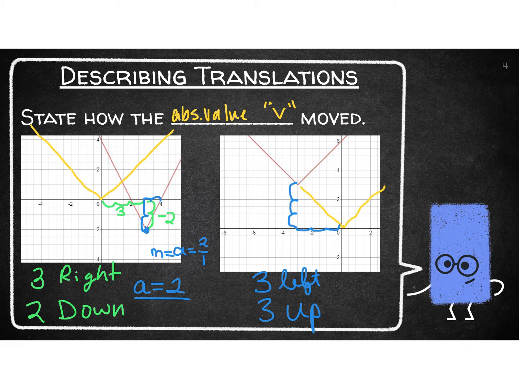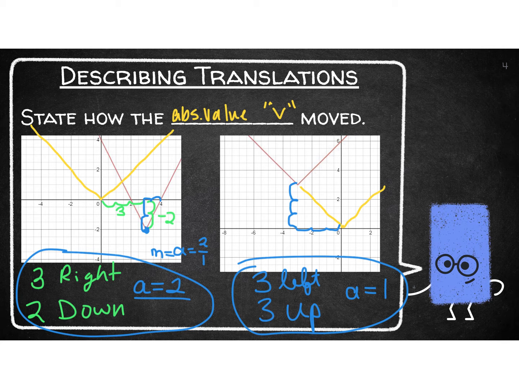And that would be enough for this. And it appears as though the width has not changed. It's not narrow, it's not fat and short and wide. So the a doesn't change. a is going to be equal to 1.